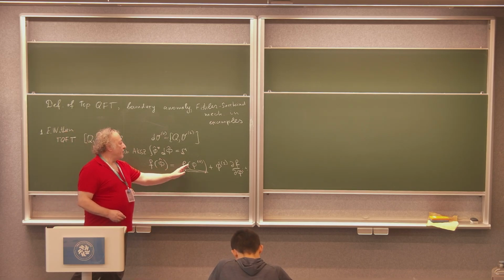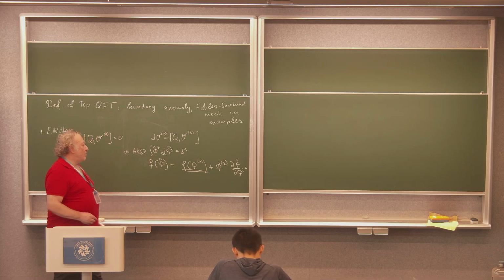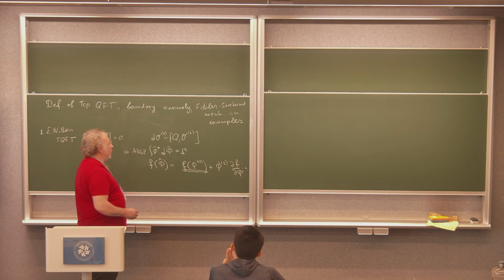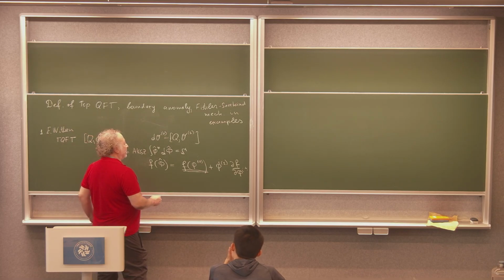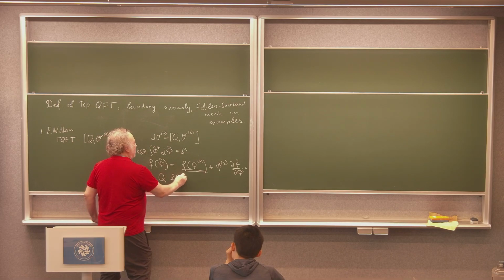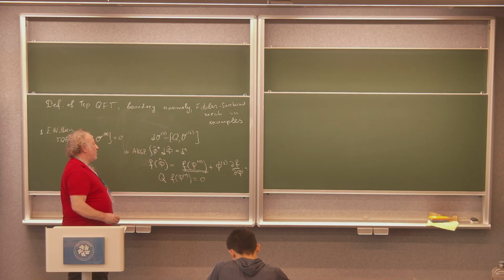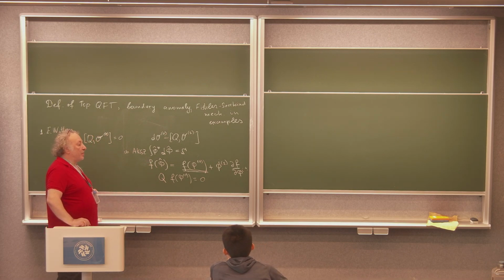Let's consider this f of phi 0. You may easily check that Q of f phi 0 equals 0, because Q is a bracket with respect to S.